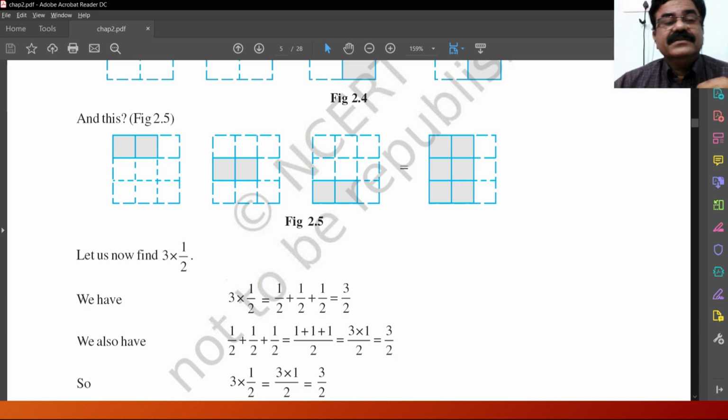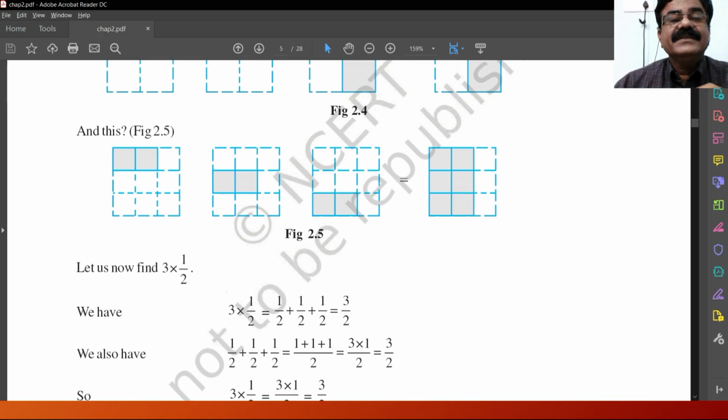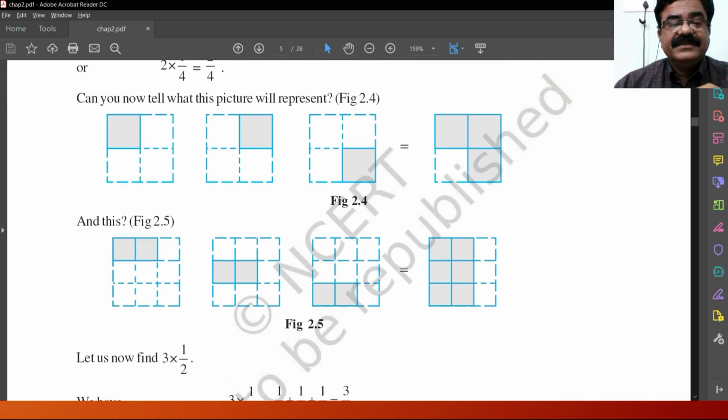Now think of another. You are seeing that 1 by 2, 1 by 2 and 1 by 2, that is 3 wholes of half part, have been shown.